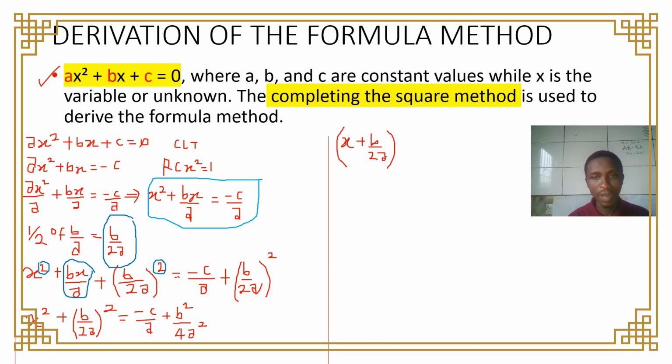Then on the right hand side, we take the LCM, and the LCM is 4a squared.